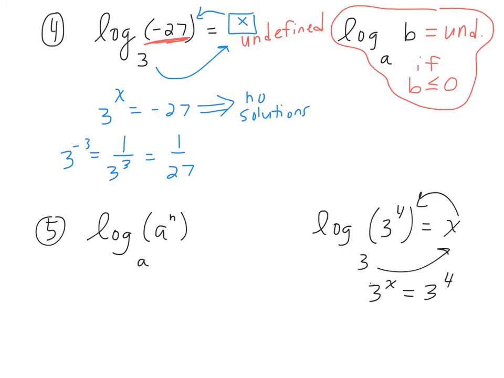Notice how you have the same base, so x would just equal that power. This suggests that if the base of the log and the base of the exponent are the same, then the whole expression is just going to be that power. Here you see these are the same, so this whole thing is just going to equal n.